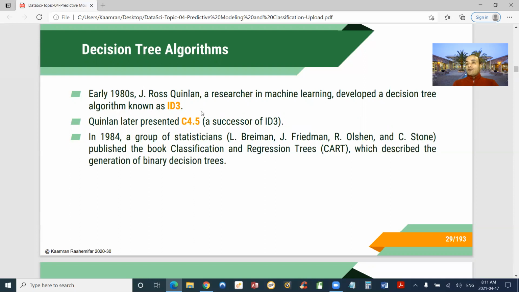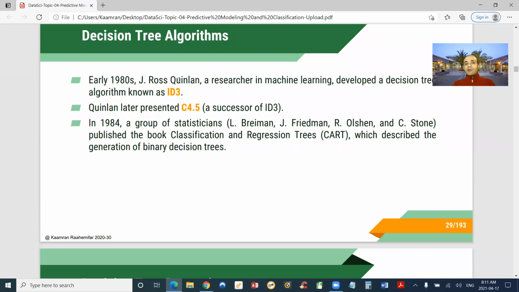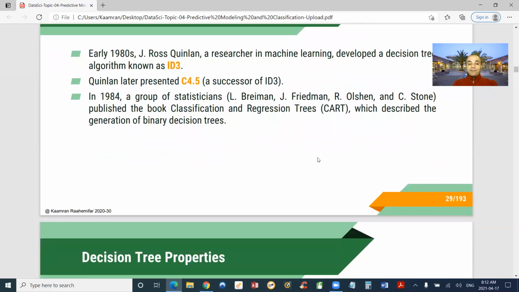ID3 stands for iterative dichotomized tree. You don't have to know what that means. If you want, you can take a look at Ross Quinlan and the follow-up modifications. There have been many discussions, and even recently you can find publications on decision trees. We also have the classification and regression tree, or CART, which we are going to refer to in a moment.